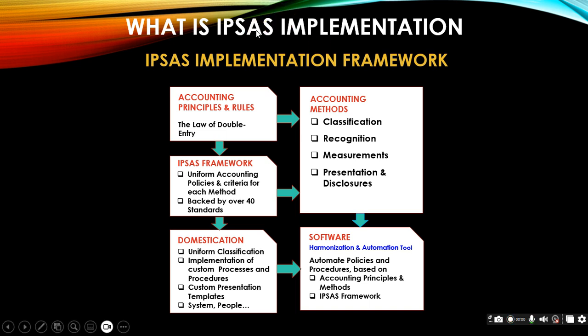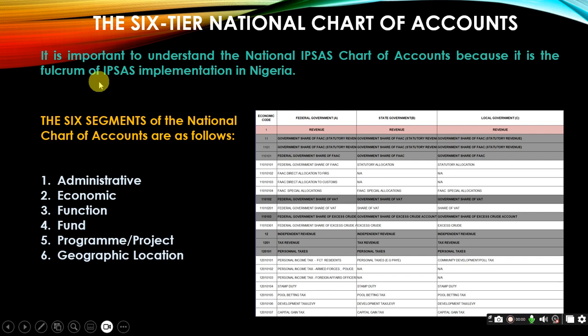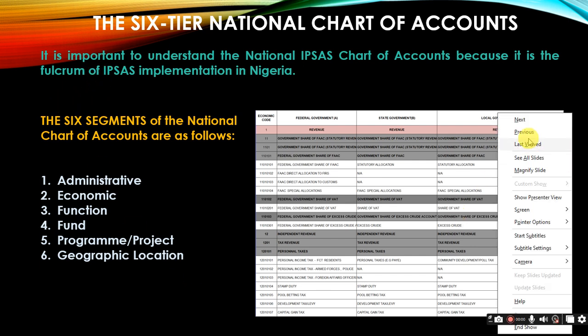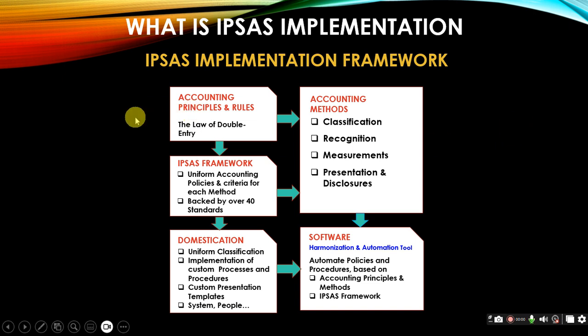When people say, I'm implementing IPSAS or we have implemented IPSAS, what exactly does that mean? There is what I call the IPSAS implementation framework. The first thing to consider for IPSAS compliance is the accounting policies.